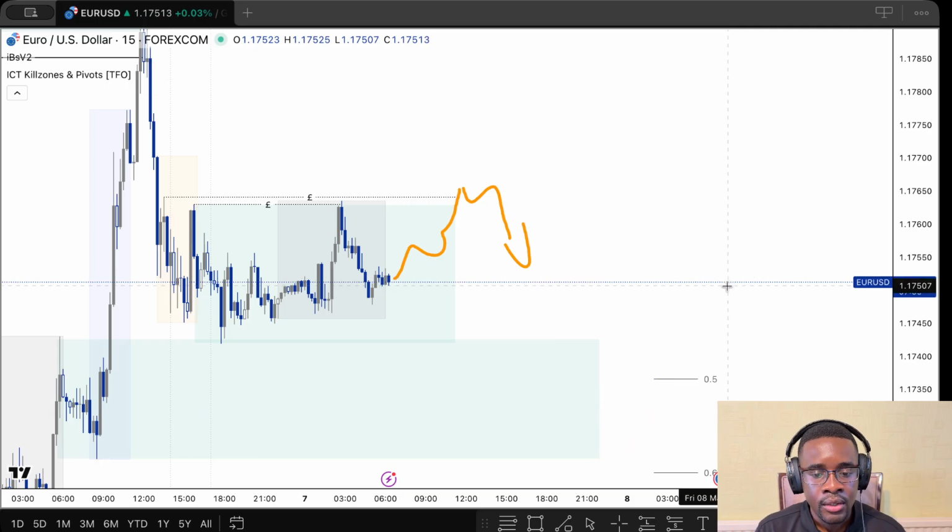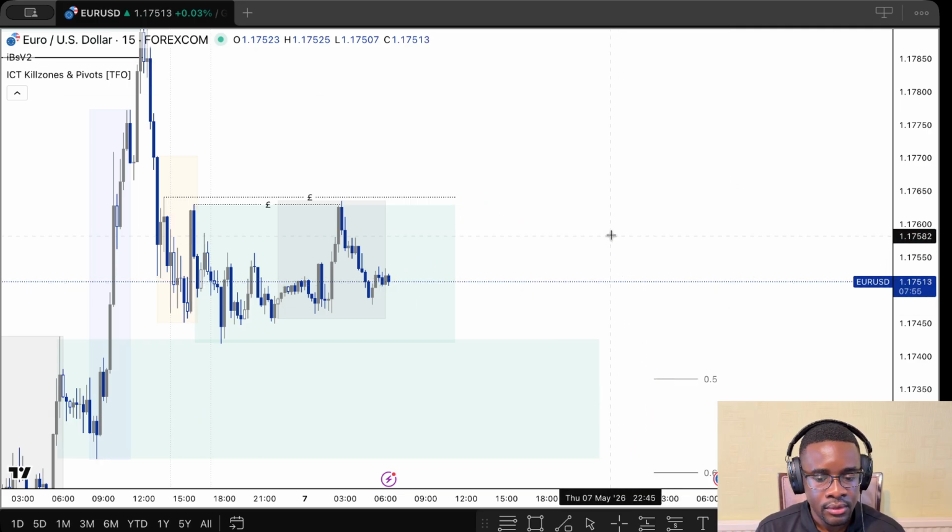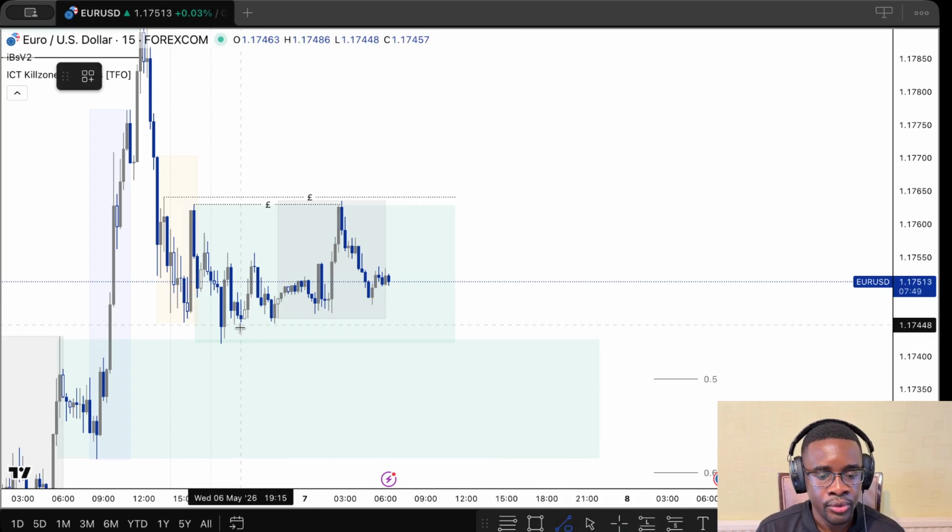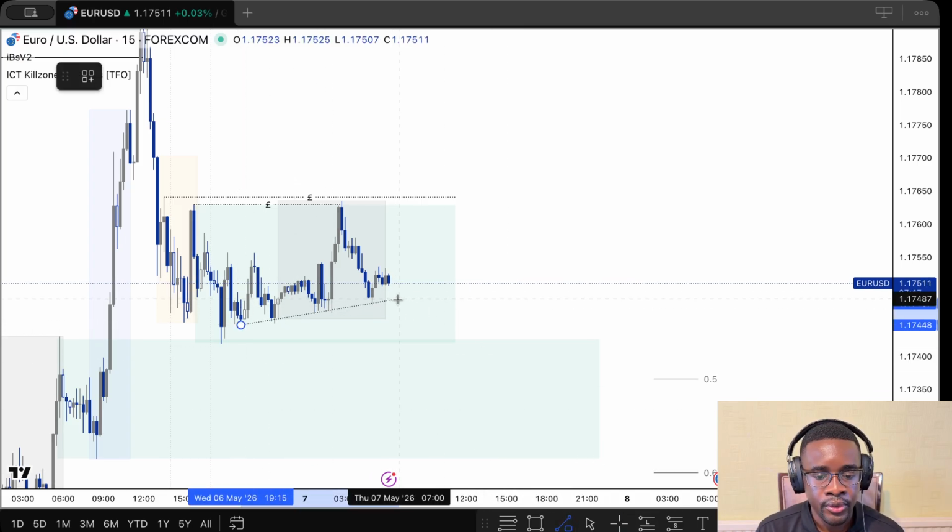Okay, so clearly the bias is for longs. Okay, we do have reason for price to continue bearish from this point.